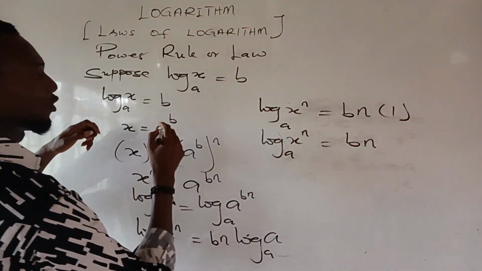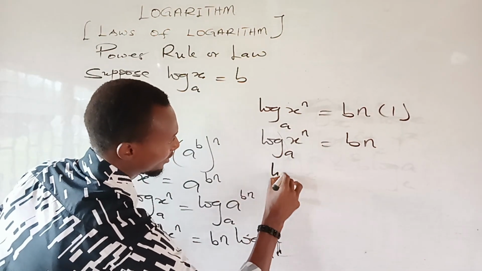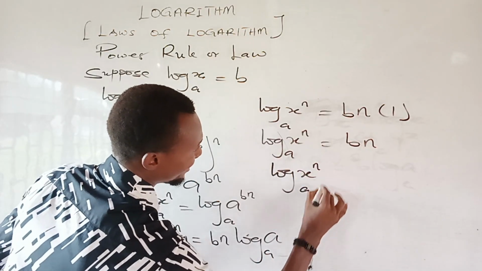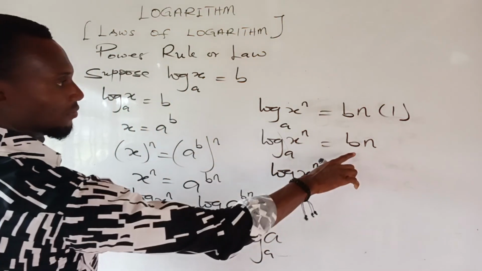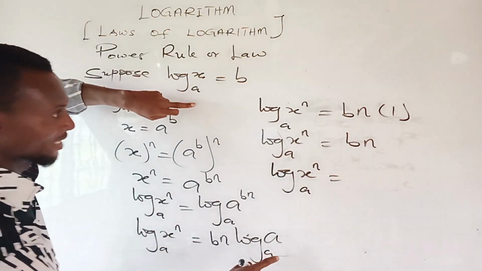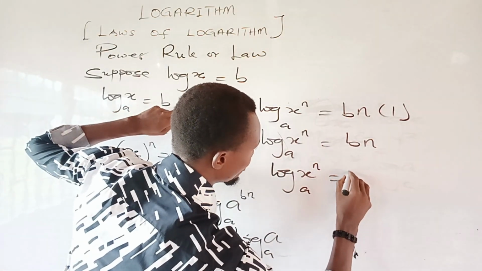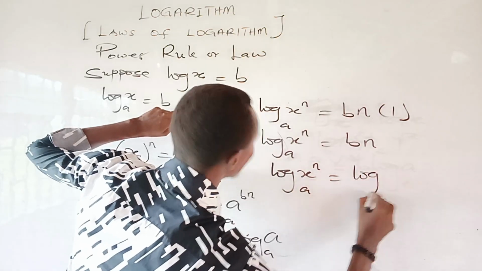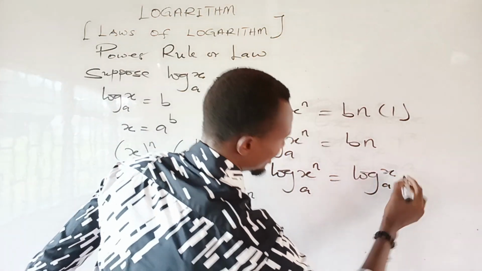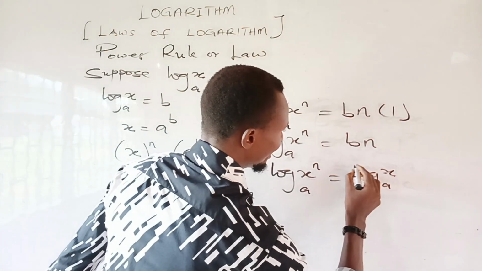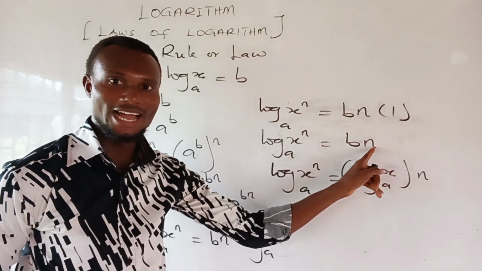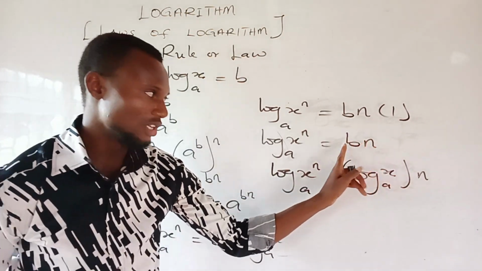Okay, so I'm going to have that my log s to the power n to the base a should be equal to, now the value of b here is log s to the base a. So I'm going to write it there. So I'm going to have log s to the base a, and the n is multiplying it. Okay, so let me put it into brackets, b multiplied by the n. As you can see, this is the n multiplying the b.